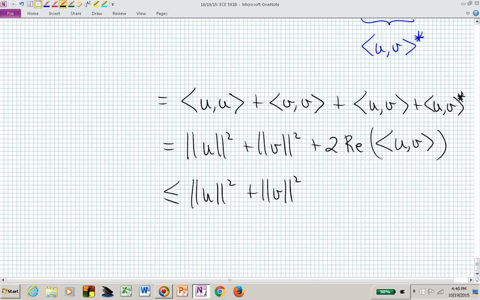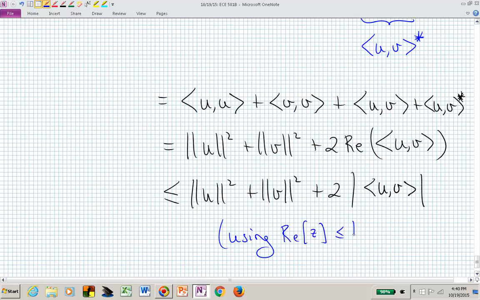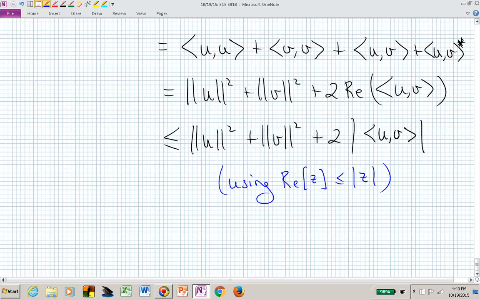We know that 2 times the real is going to be less than or equal to 2 times the length of that complex number. So this is now 2 times the absolute value of the inner product of u and v. There I'm just using the fact that the real component of z is less than or equal to the length of z. And I have equality if there's no imaginary component.